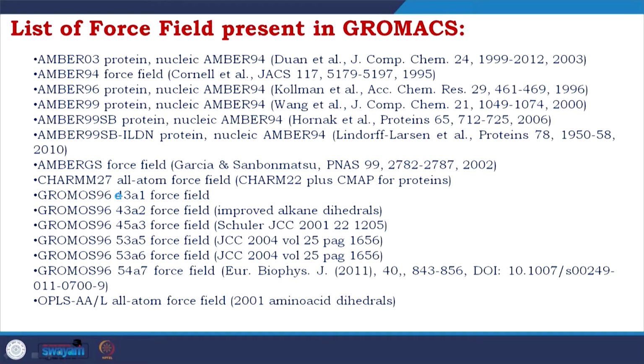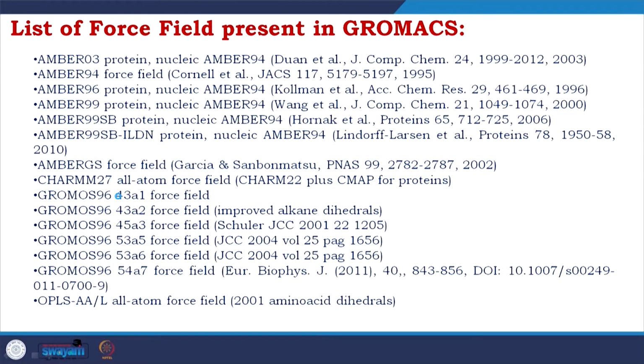This is the list of force fields present in Gromacs. I take Gromacs as an example. As I told in this introductory course, I am just showing you the force fields. Hopefully, in future we will get an opportunity where I will take a course and describe all the program packages and their force fields. So, you will see that there are majorly Amber, CHARMM, GROMOS, OPLS-AA.